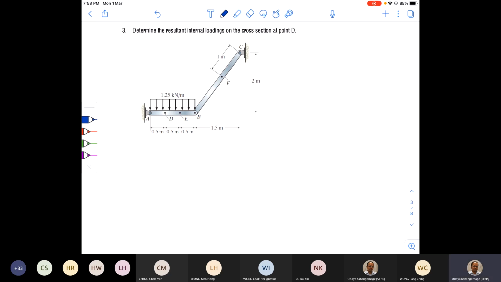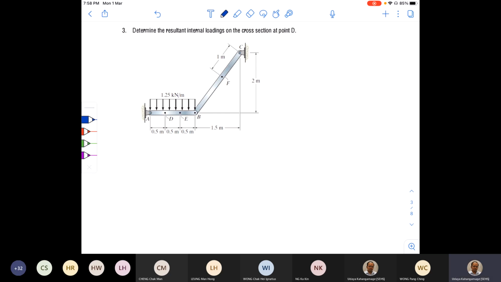But before we go up to that level, we need to draw a free body diagram for the system, and then find out the unknown reaction forces. So first let's draw the free body diagram for the system, and here we can concentrate on the AB link. We don't need to draw BC. BC we can replace with a reaction force coming from BC.